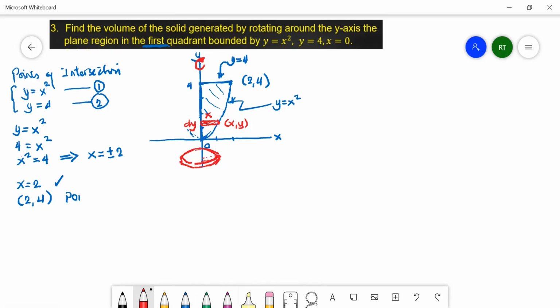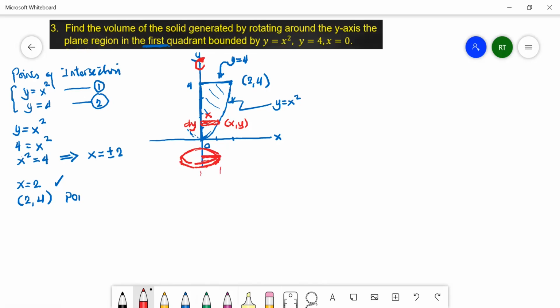Whenever you solve for the volume of a solid of revolution, you have to draw the element revolved about the axis of revolution, and this is the radius r.